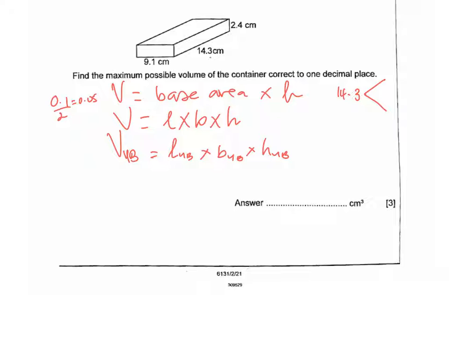So this one before rounding was 14.25. To get lower bounds, we subtract 0.05 from each of these numbers, and to get the upper bounds we add 0.05.